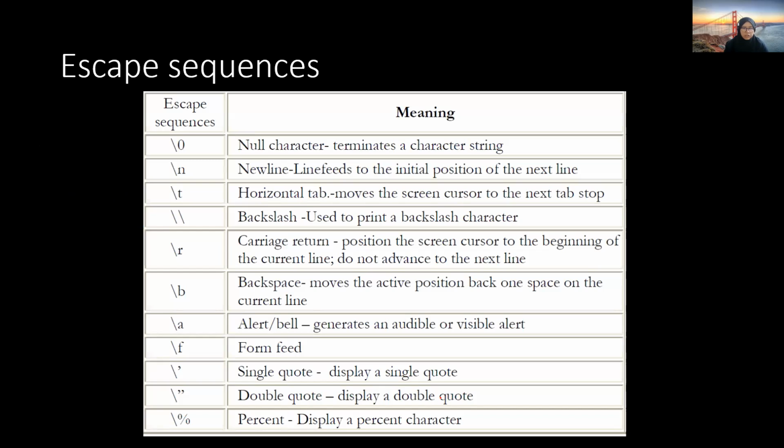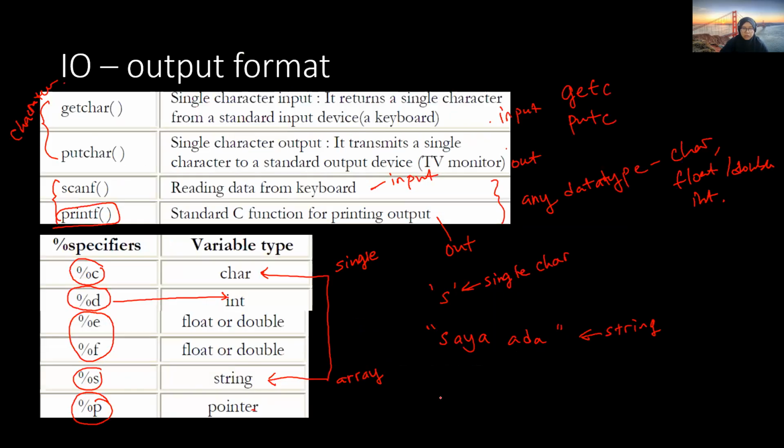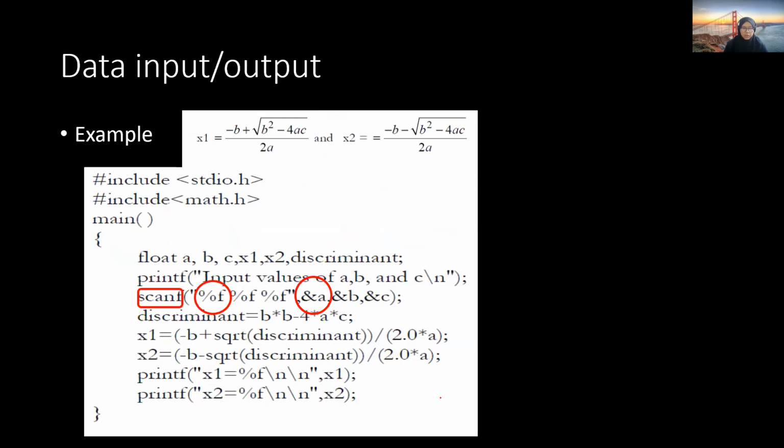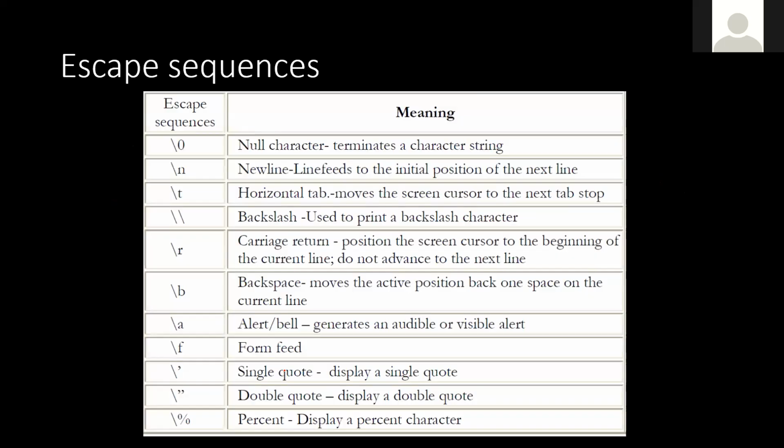And this is just some escape sequence, something like this. Let's say an example right here, we have \n. This is a float, and then \n, it means that you press enter twice. I think I have told you about this one.